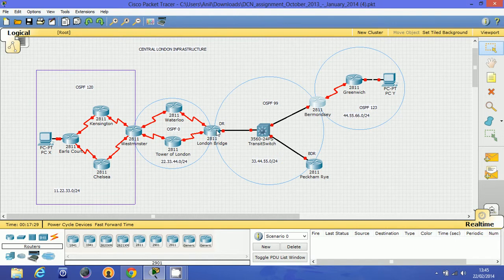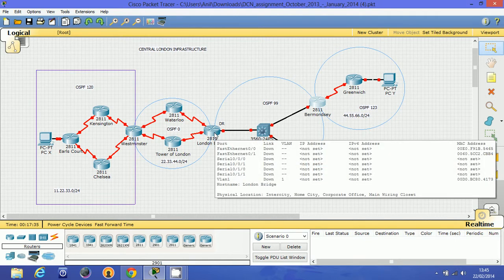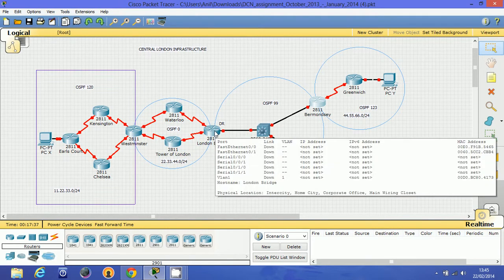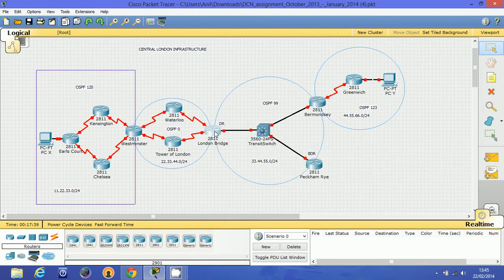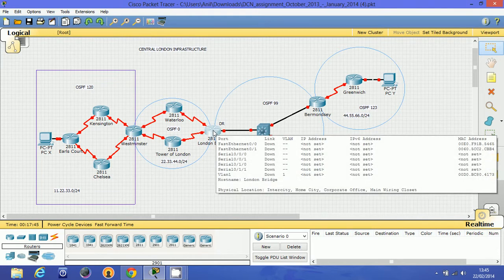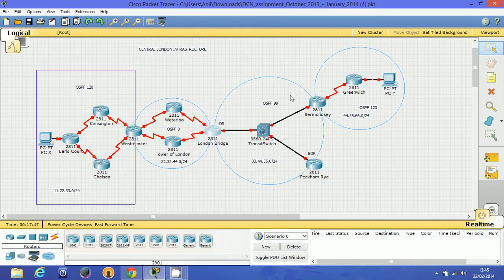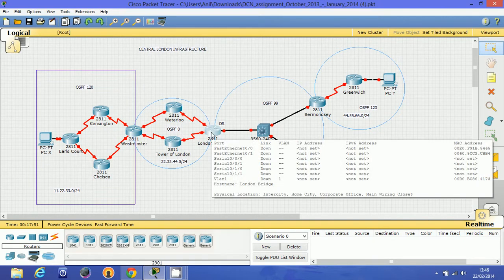The router in the OSPF area containing the highest IP address will be the designated router. This autonomous system is not configured yet. That's why we can't see the IP addresses here.